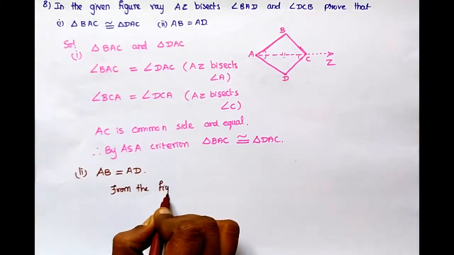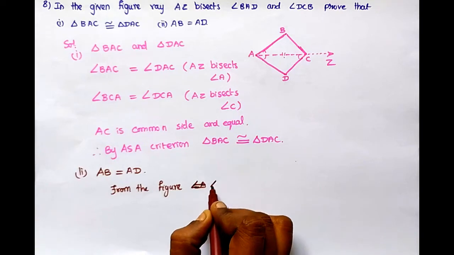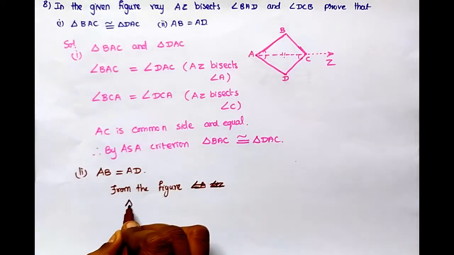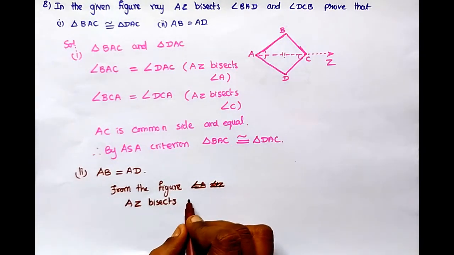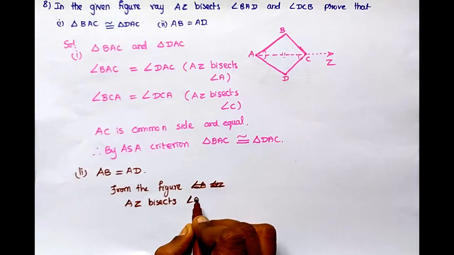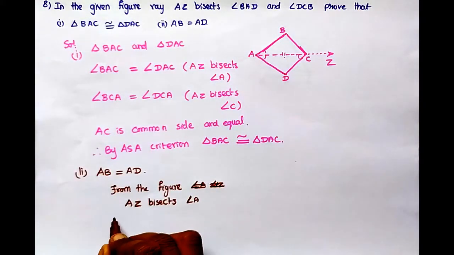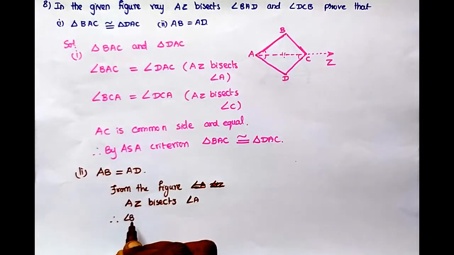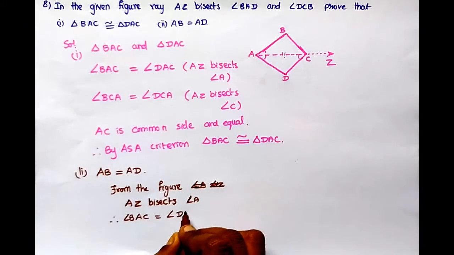From the figure, AZ bisects angle A. Therefore, angle BAC equal to angle DAC.